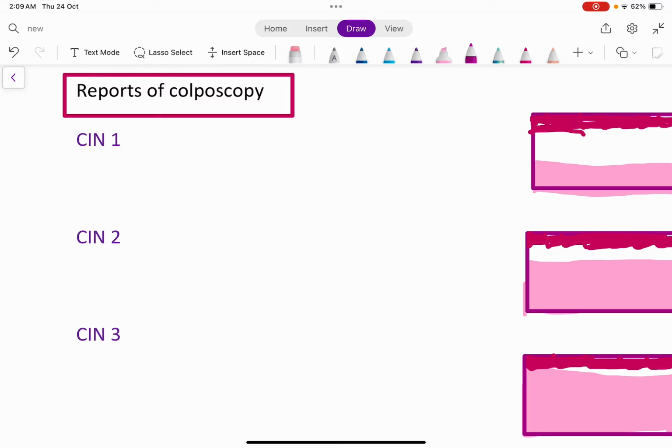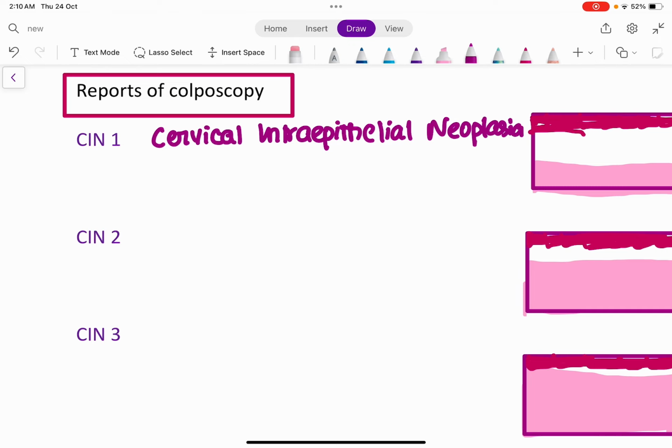But unlike the pap smear, the reports of colposcopy are going to be like CIN. What is CIN? C stands for cervical, I stands for intraepithelial, and N stands for neoplasia. So it means cervical intraepithelial neoplasia, and we have divided this into 1, 2 and 3.